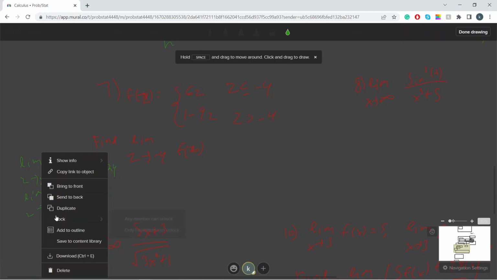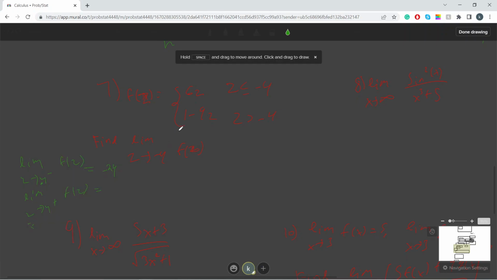Sorry, my bad. So z approaching negative 4 from the plus side will be taking the second piece, the 1 minus 9z piece. So this will be 1 minus 9 times negative 4, which is equal to 37.